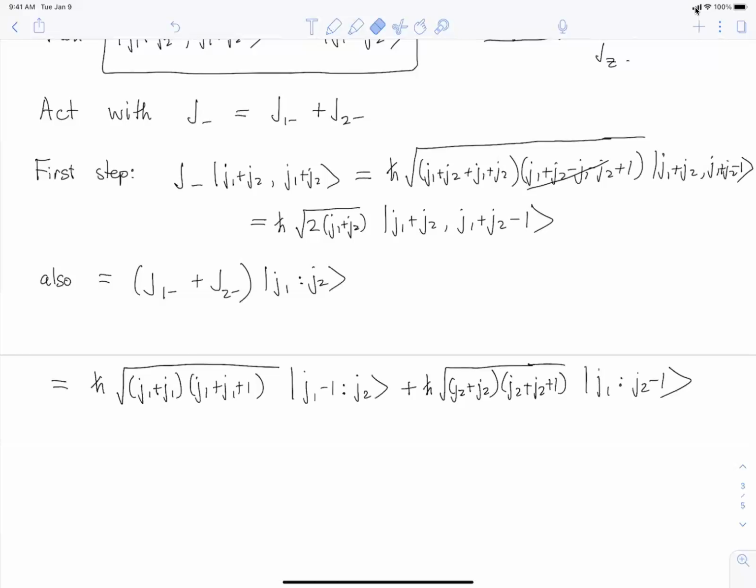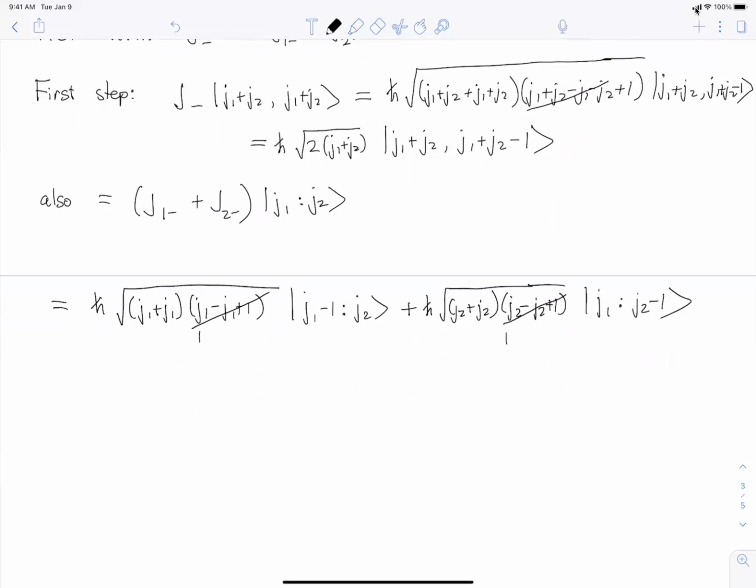Oops, made a few mistakes here. Some of these signs should have been minus, and that's because then this turns into just 1, and this turns into just 1. Okay, and so this is equal to h bar square root of 2 times J1 plus h bar square root of 2 times J2, times this state.